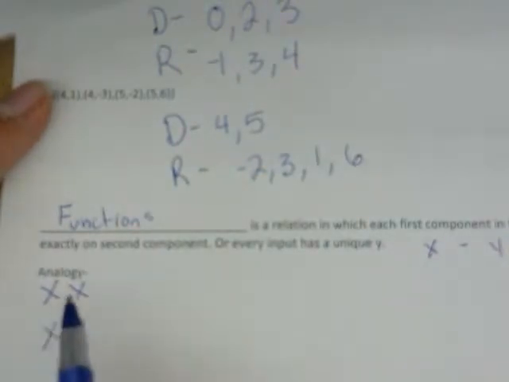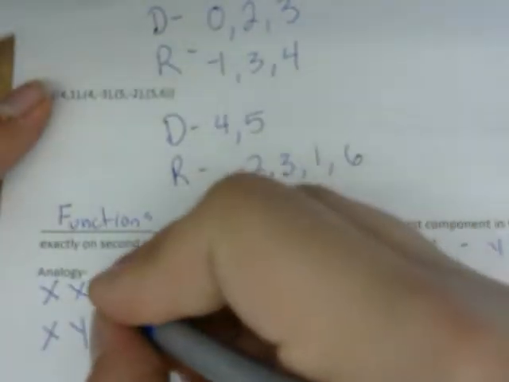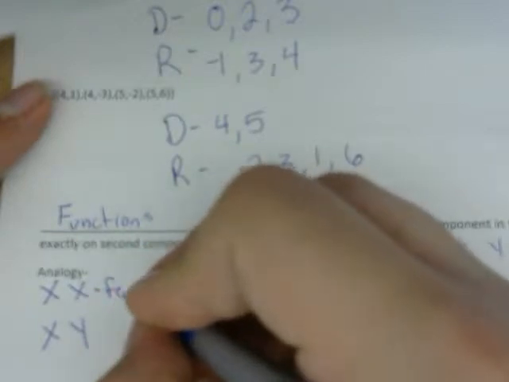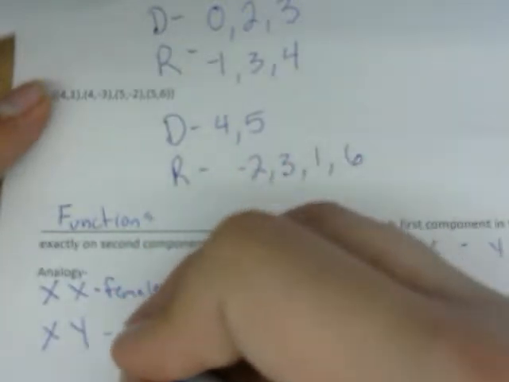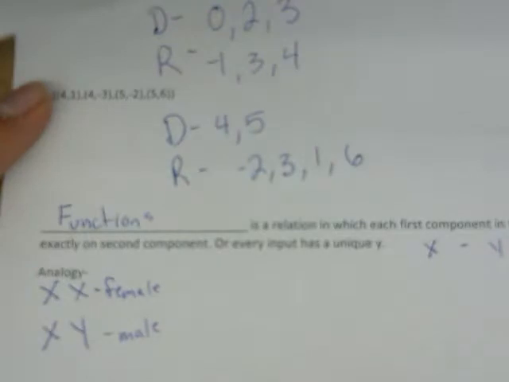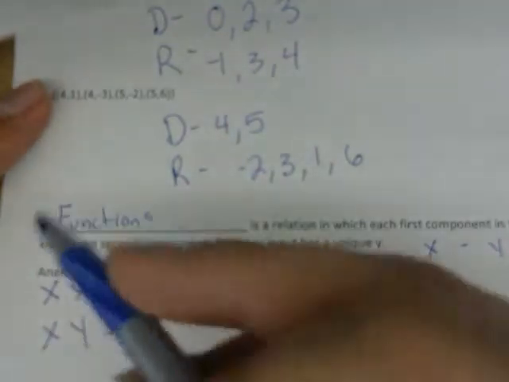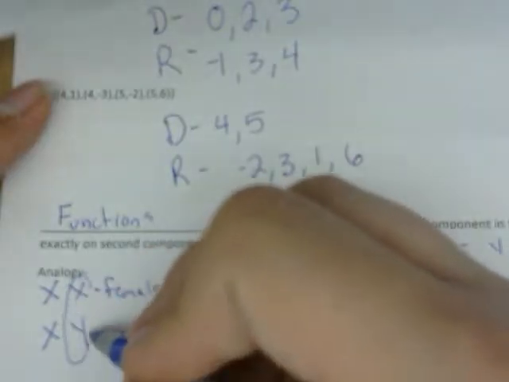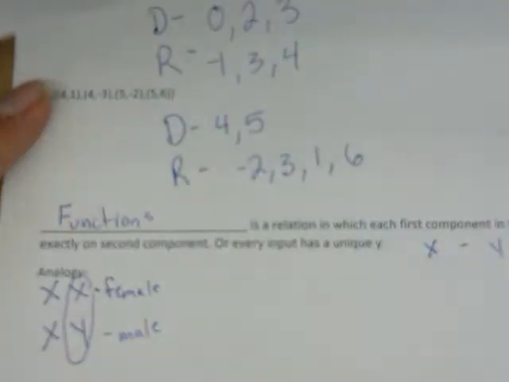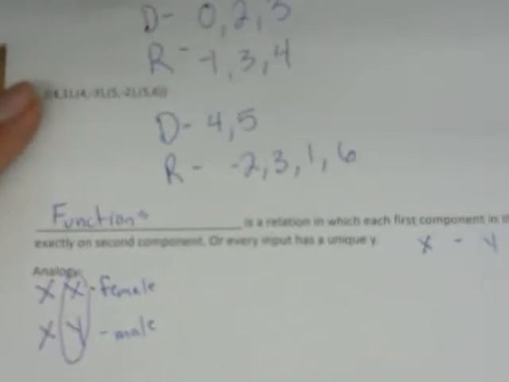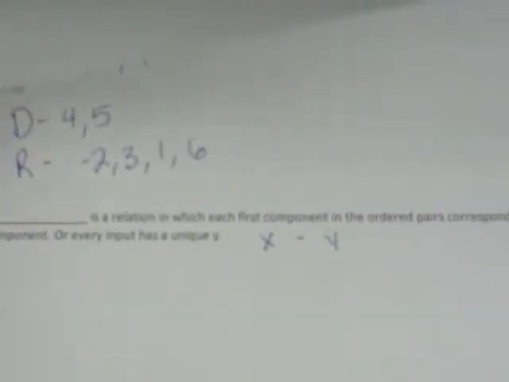XX is female, XY is male. Both sexes have at least one X. The only difference is that females have an XX, and males have an XY. So this is how we think of it.